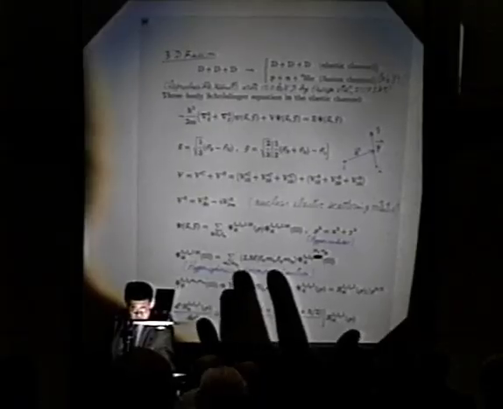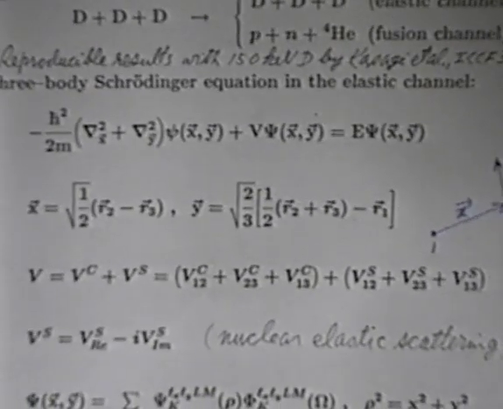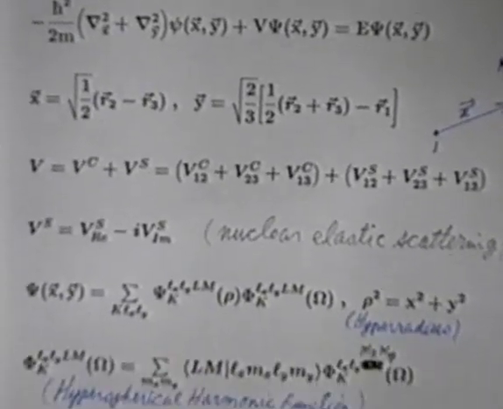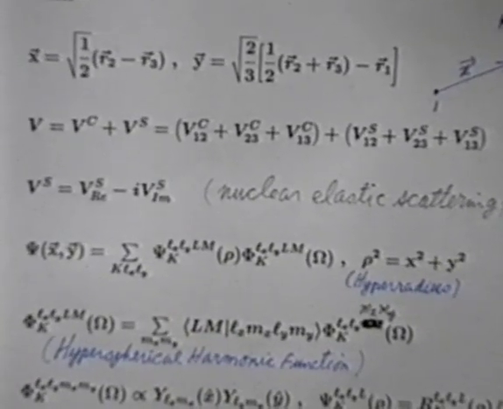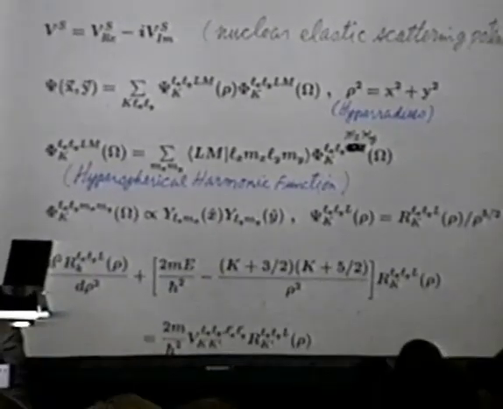Now I come to 3D fusion. For 3D fusion, you have to solve a three-body Schrödinger equation, a scattering problem. One way to solve it is to go to the so-called hyperspherical harmonic function expansion. If you take the lowest or leading term in this expansion, then you get this formula, and that reduces to a two-body equation.